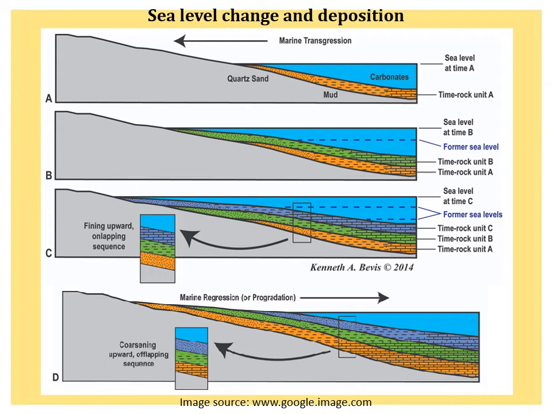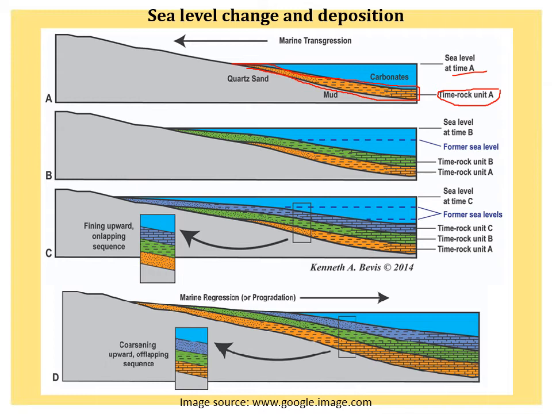Consider a simple example, a marine basin in which during time A some deposition occurs, starting from the near shore, near land condition with sand, then mud or shale, and ultimately carbonates or limestone. So at time A this deposition occurs. If I consider this entire deposition as a block, that indicates deposition at time A. So it is a time rock unit A.